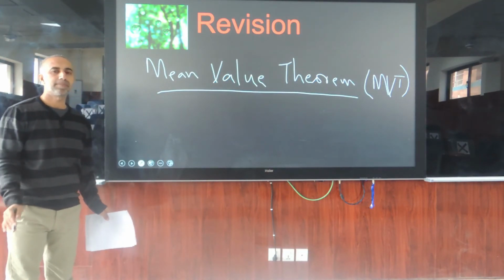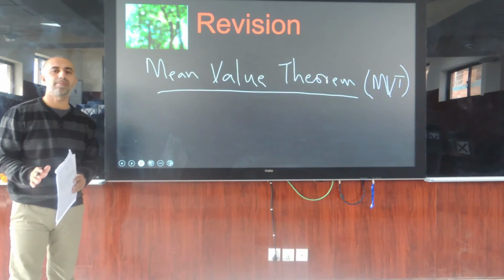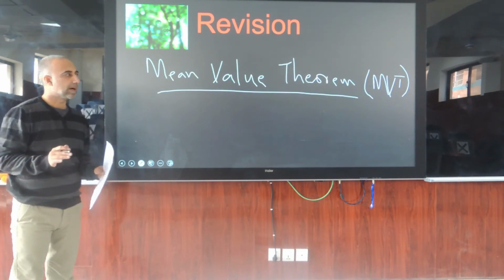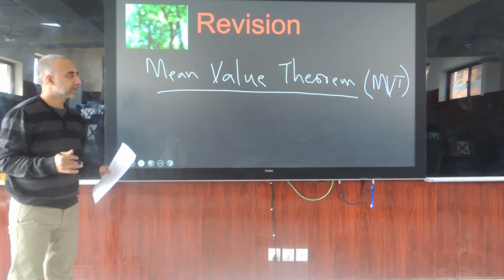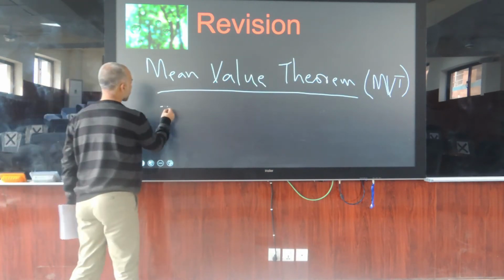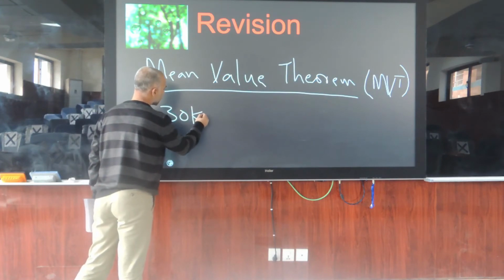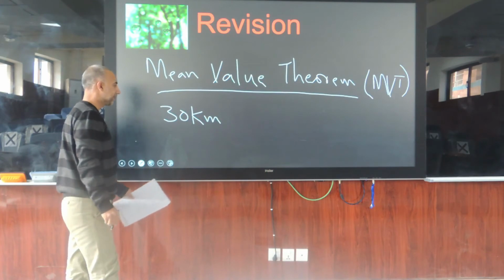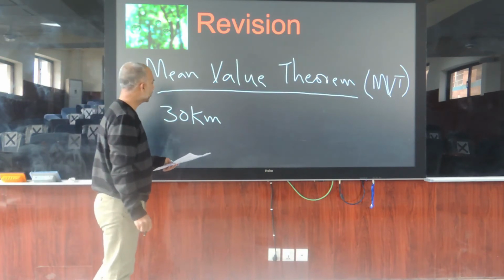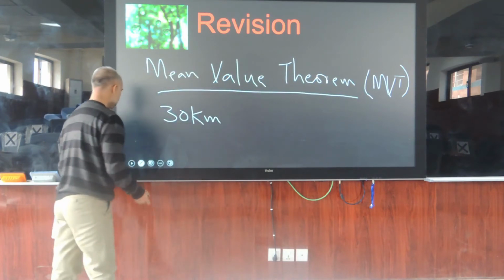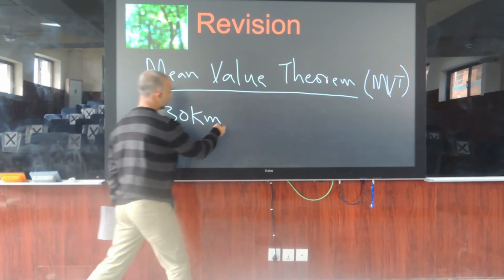Very simple. If you want to travel from Haripur to Islamabad and you cover a distance of 30 kilometers in 2 hours, okay, let's suppose.